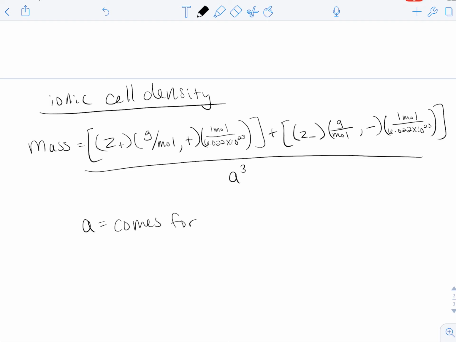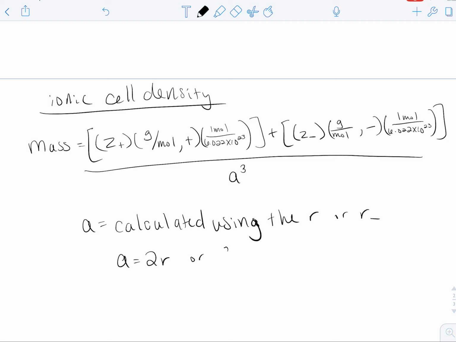A can be calculated using the R or R minus, whether we have an atomic or an ionic cell. So A will be related to R like so, if we have a primitive cubic.